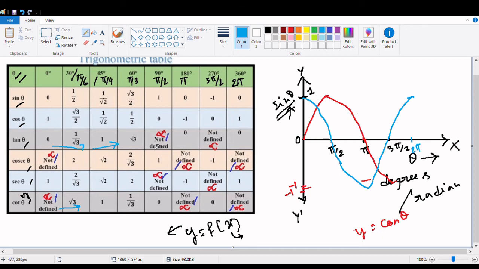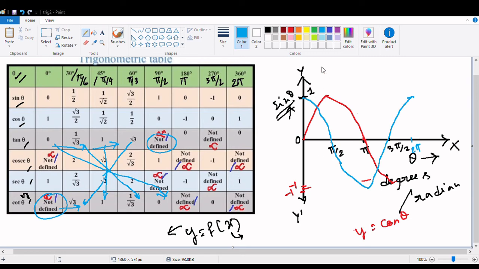So tan 90 is infinity, cot 0 is infinity. This value comes here, this value goes here, tan 0 goes here. So it's a reverse, right? Cot 0 has what value? Infinity.